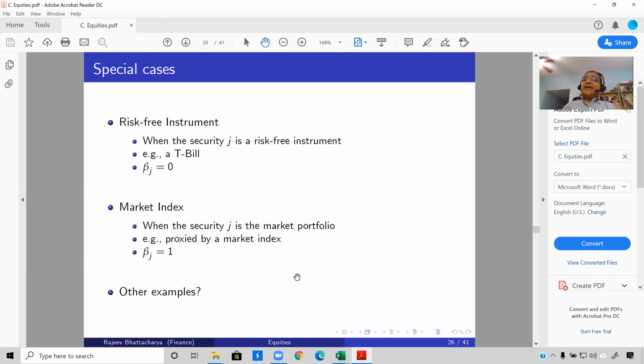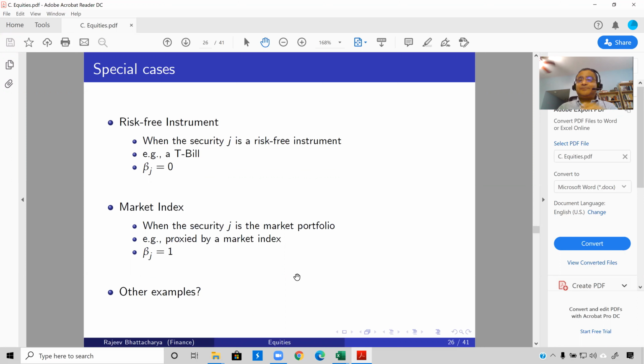What are the special cases? In particular, for a security that is risk-free, for instance, let's say a T-bill, then the beta for that particular security is exactly equal to 0. On the other hand, when it is the market index, when you're calculating the beta for a market index, regressing that market index on itself, then the beta is exactly equal to 1.